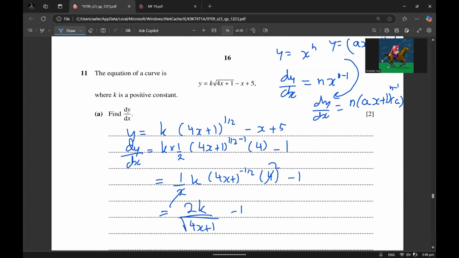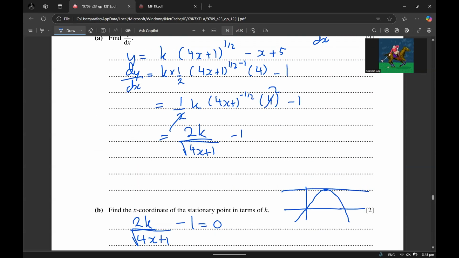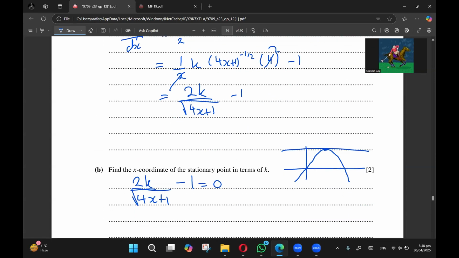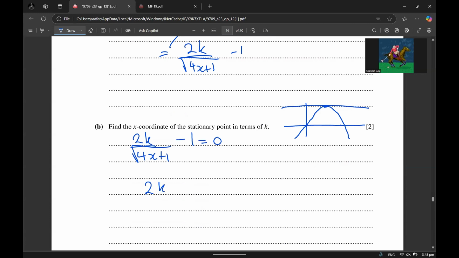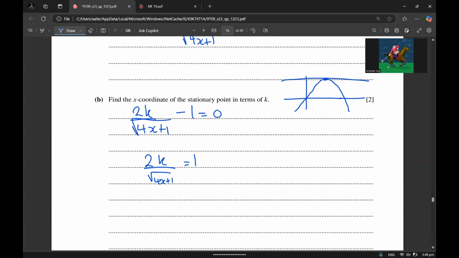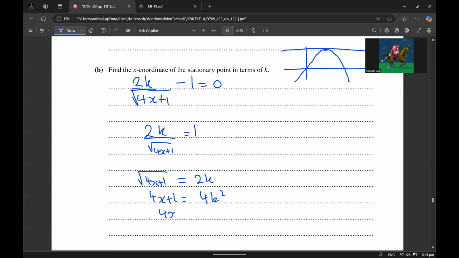We can easily say that. So we get 2k over under root (4x plus 1) is 1. So under root 4x plus 1 is 2k. We square both sides: 4x plus 1 is 4k squared. 4x is equal to 4k squared minus 1. The x is basically (4k squared minus 1) over 4.